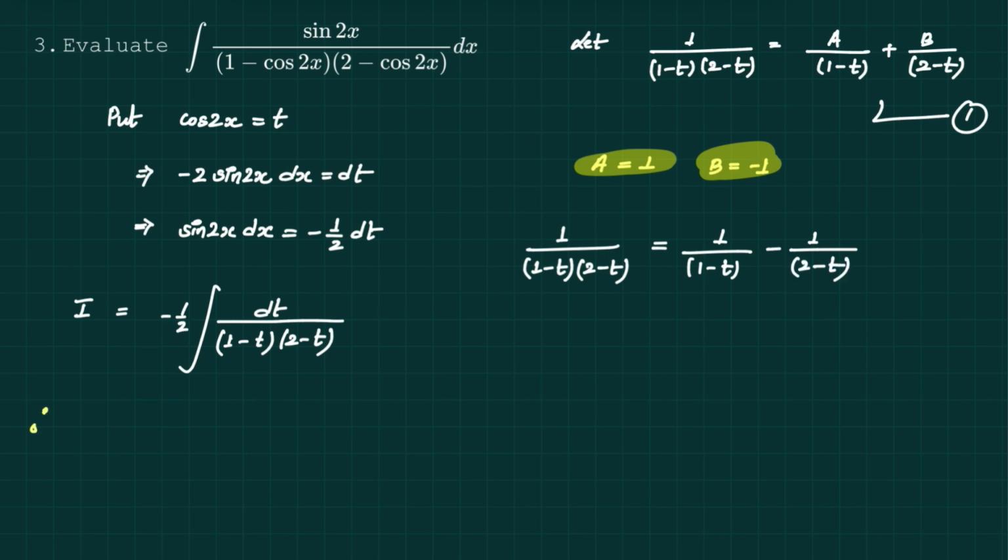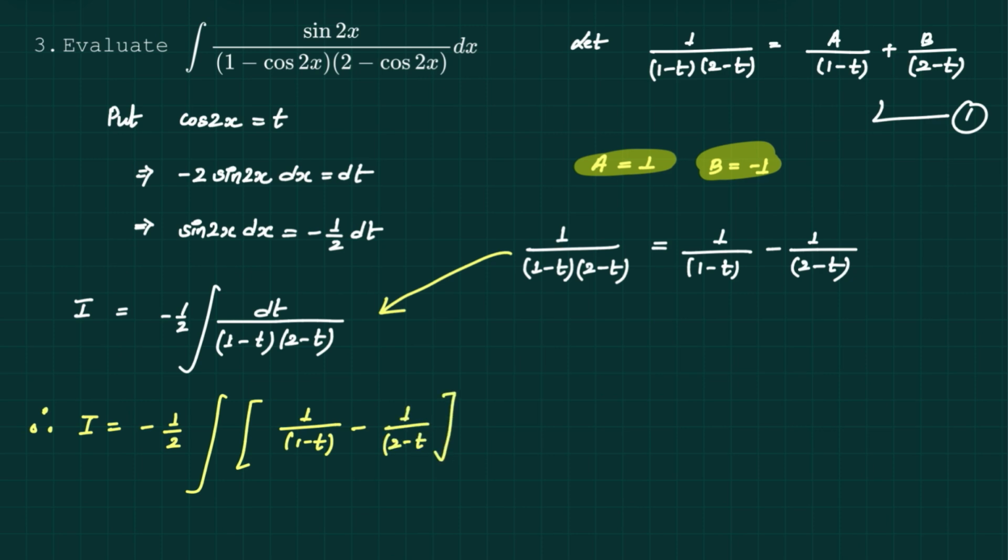Therefore my integral I will be equal to minus 1 by 2 outside the integration, of 1 by 1 minus t minus 1 by 2 minus t dt.